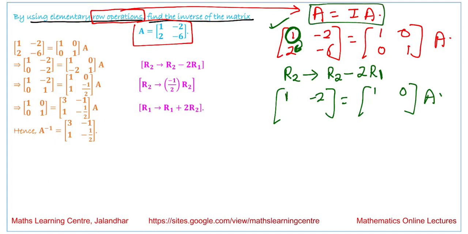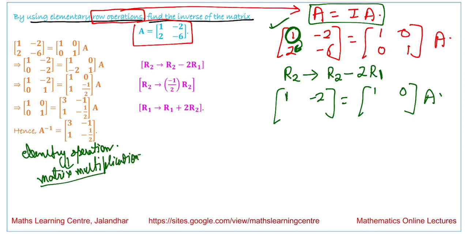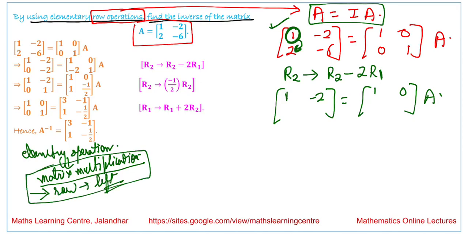Basically, every elementary operation is a matrix multiplication, and that matrix is multiplied from the left. When we are talking about the row operation, the matrix corresponding to the elementary row operation is multiplied from the left. We are not interested in these details at this moment.